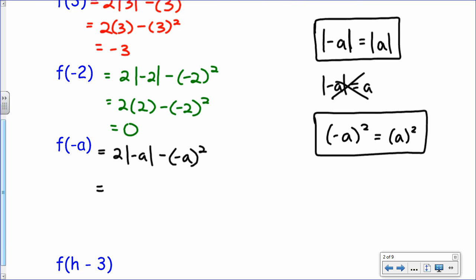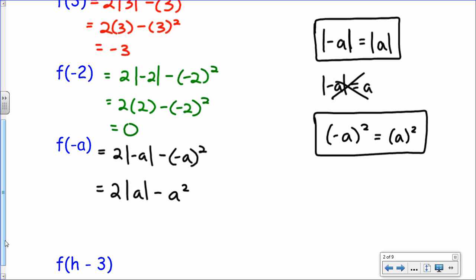So that means I can simplify this to absolute value of just a, and then minus, so negative a squared is a squared. These two negatives don't cancel to make a positive.